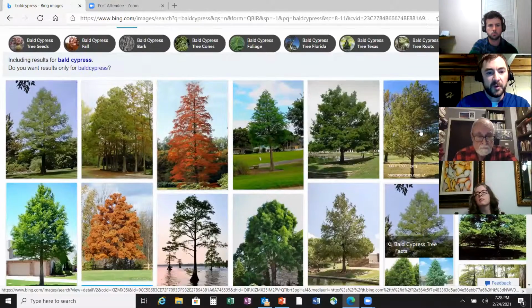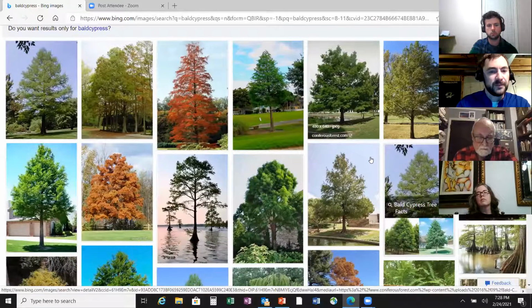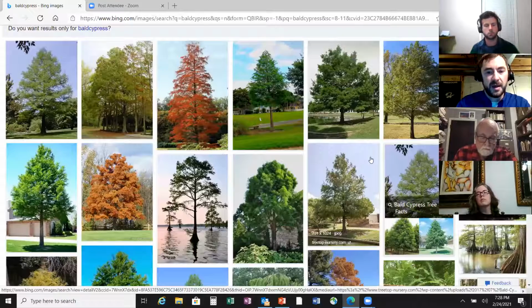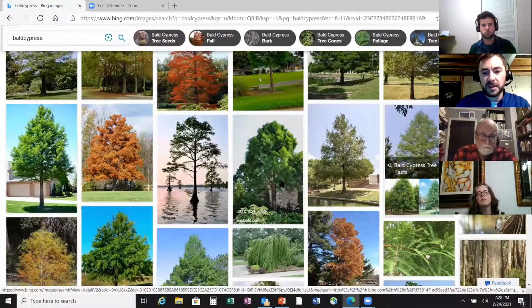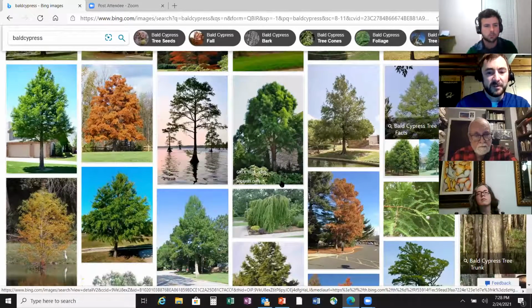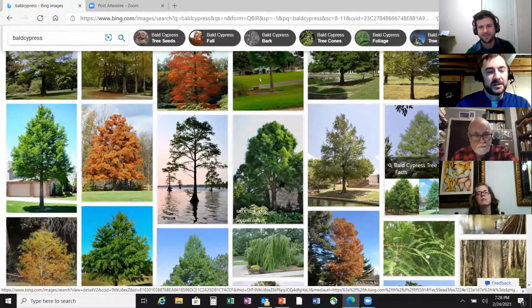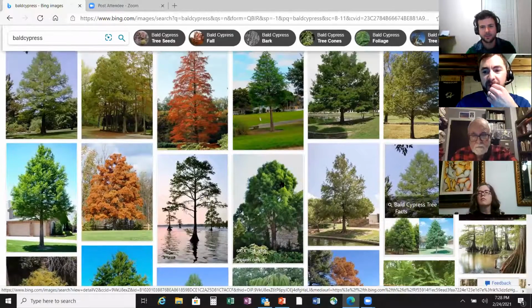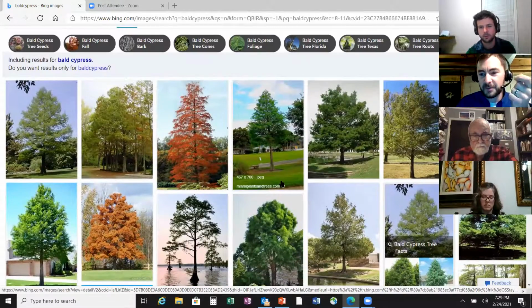It may look a little bit more, and it also naturally won't have as many limbs all the way to the ground. You can look at it and be like, yeah, I'm looking at the same tree, but no, it's hard to say there. And then, Mark, do you remember a more distinct morphological characteristic?